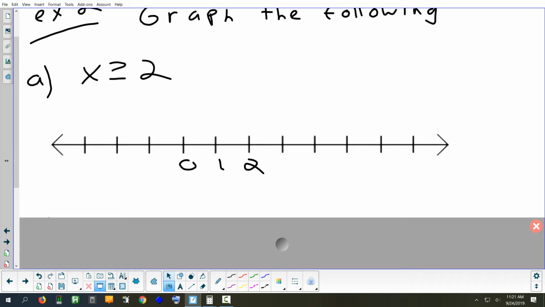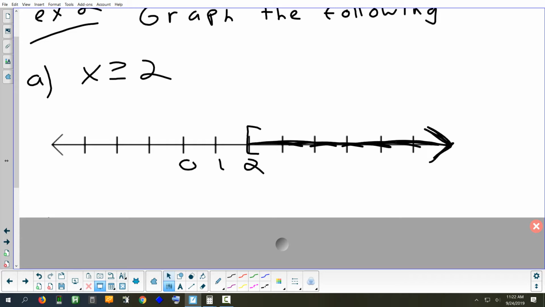So Piper, how would I graph that? You could do a closed bracket at the 2, and then shade to the right. Yeah, and shade to the right.